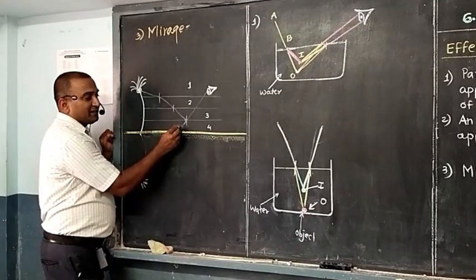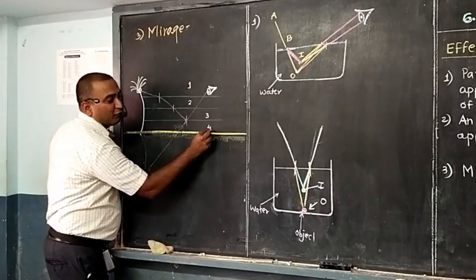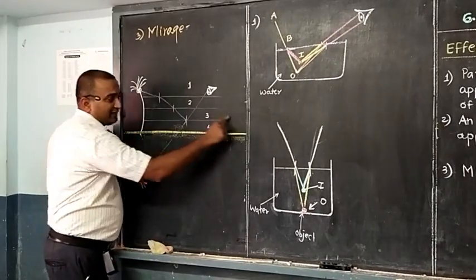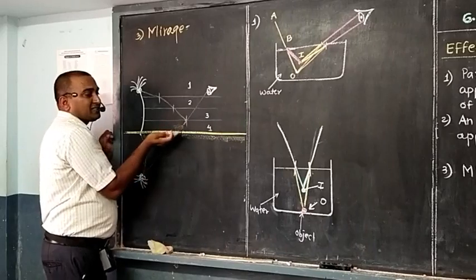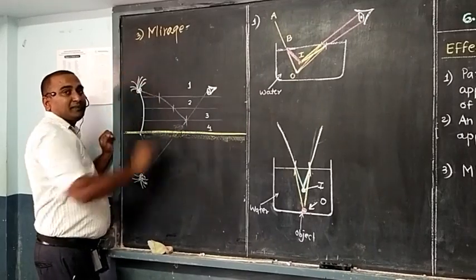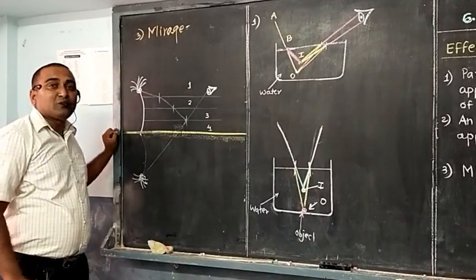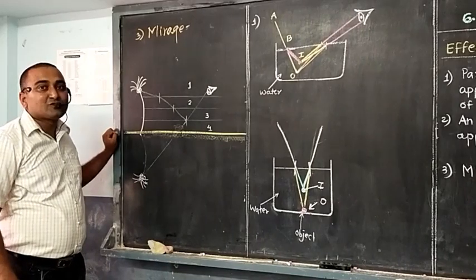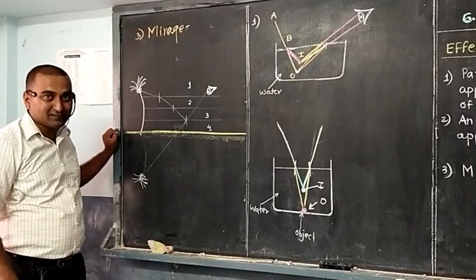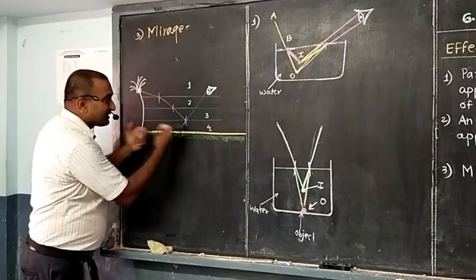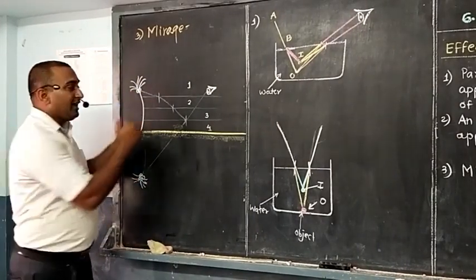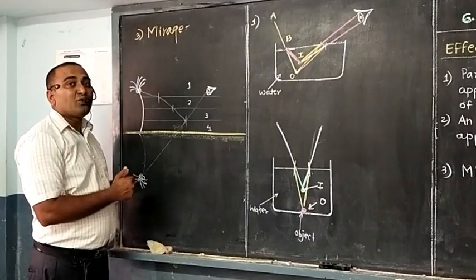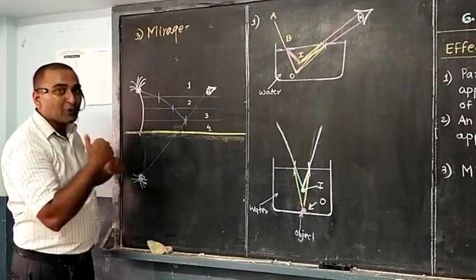Because of higher temperature, the air of layer number 4 is rarer than the layers a little above. As we go up in the air, temperature goes on decreasing and so density increases. Just for example, I am discussing 4 layers. Every upper layer is denser than the lower layer.